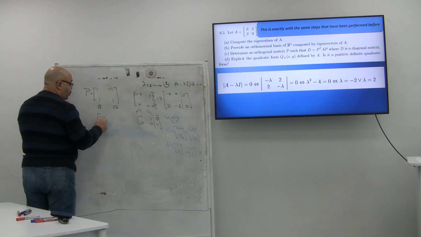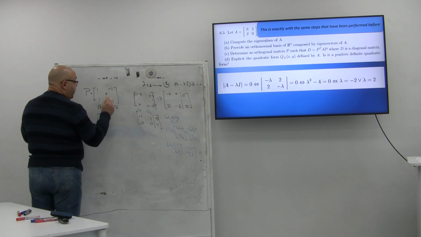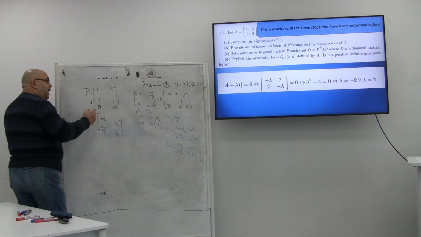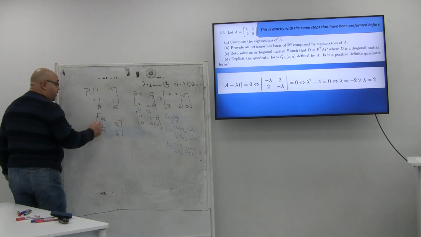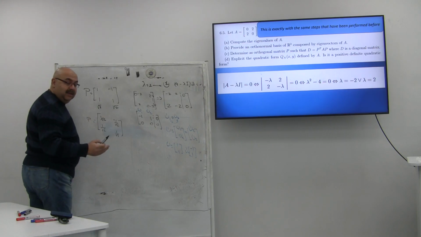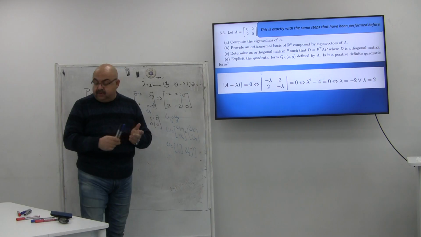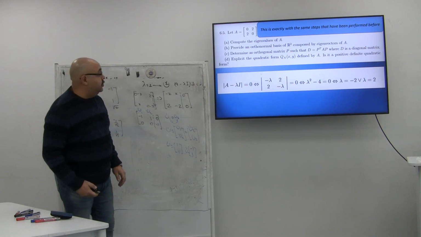Then I will have 1 over root 2, 1 over root 2, then -1 over root 2, 1 over root 2. That's an orthonormalized matrix, where its inverse is its transpose. So this matrix will have this property, and from which I can get the diagonalization.